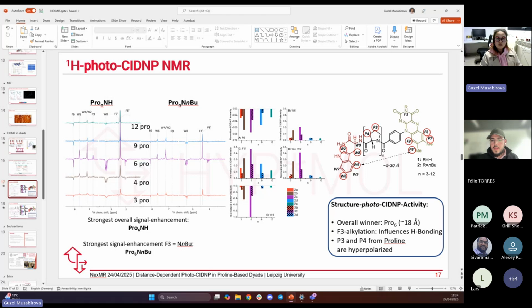It shows a similar pattern of photo-CIDNP effect, but in this kind of system we can't control the distance between them. But about enhancement, as I remember, it was even more for the non-linker system. Thanks a lot for the answer.